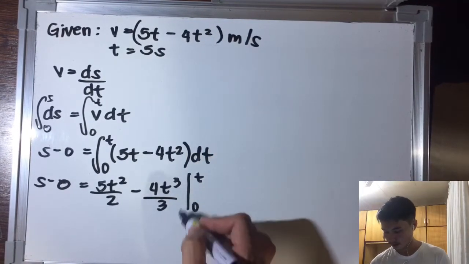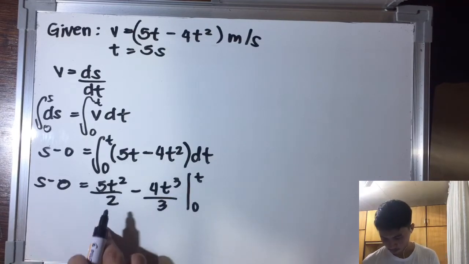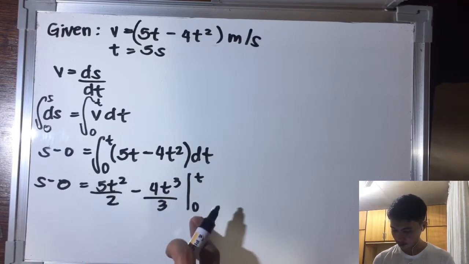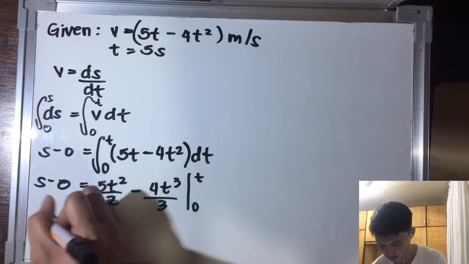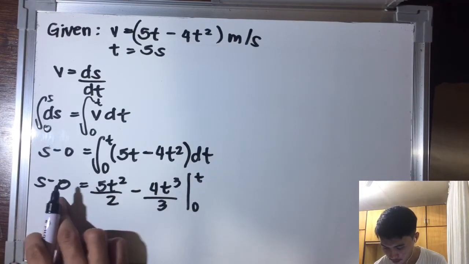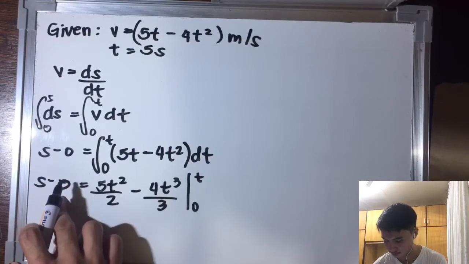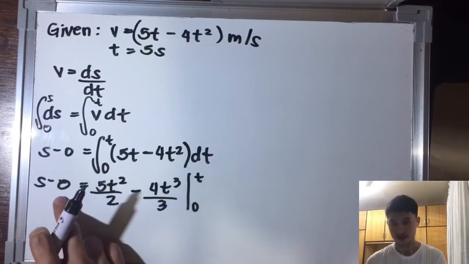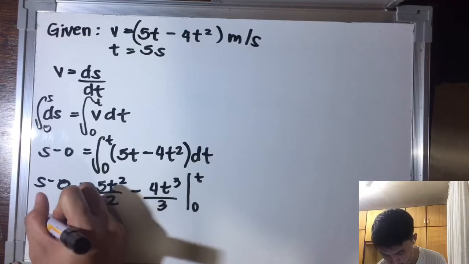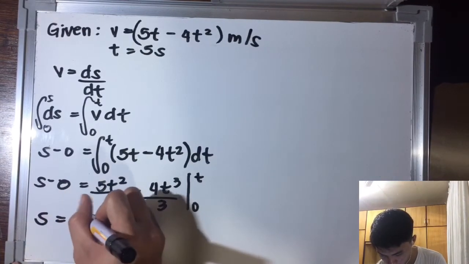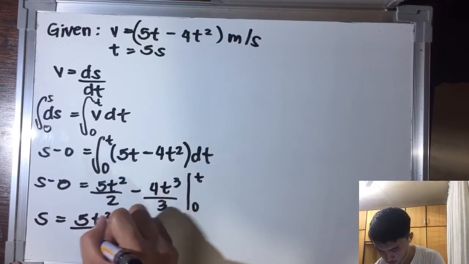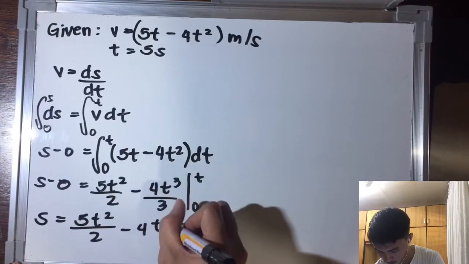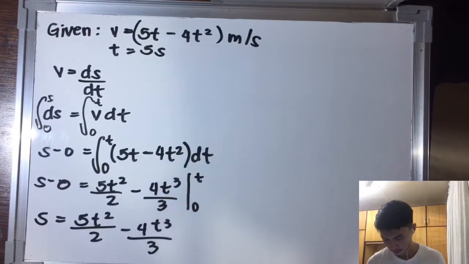Since the lower limit is 0, if we substitute that value in this equation, we are just going to have 0, so we are not going to do that. So s is equal to 5t squared over 2 minus 4t cubed over 3. There.